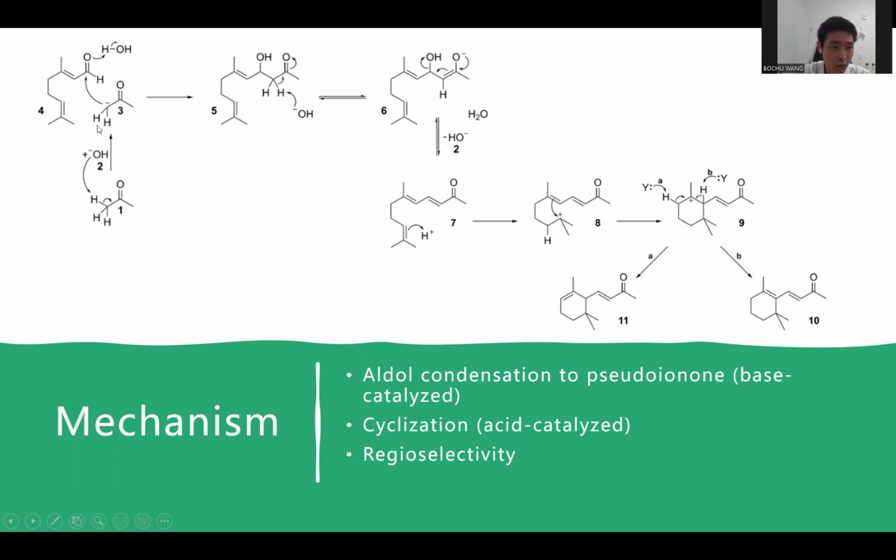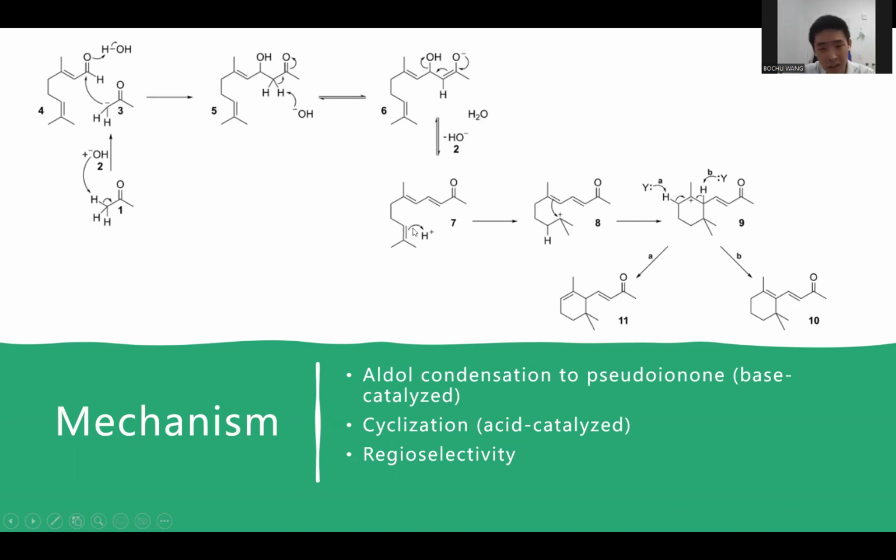So the acetone will act as a nucleophile and attack the citral carbonyl group to generate the aldol compound. So you will have the aldehyde or ketone and the alcohol here. And then you will have the condensation or dehydration step to generate water. And then the hydroxide group here will leave to regenerate the base catalyst.